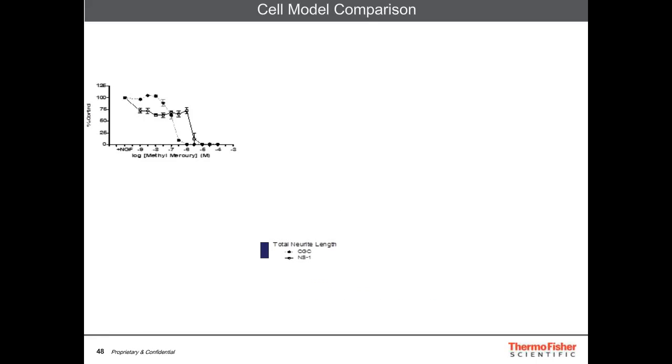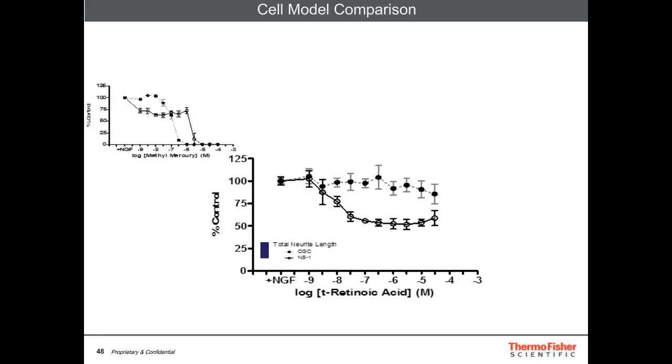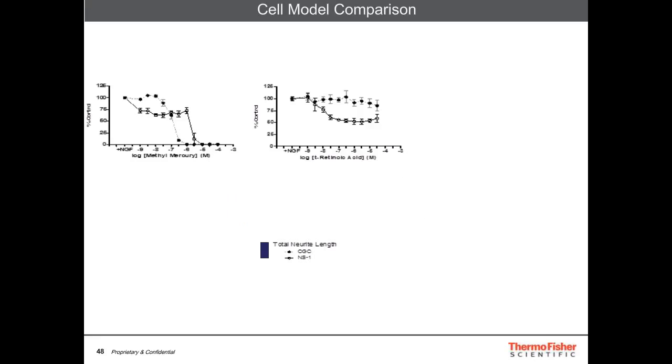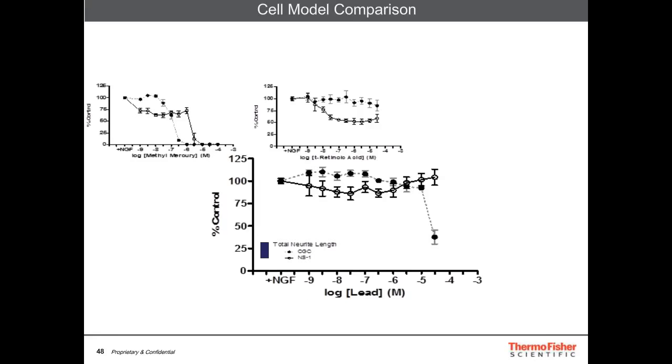So CGCs, these are primary cerebellar granular cells, and a lot of scientists would say that these are more faithfully recapitulated in the in vivo system. So here with methylmercury, this is a known DNT, and you can see that both cell models show the inhibition, but we do see a higher sensitivity in the NS1 cells.